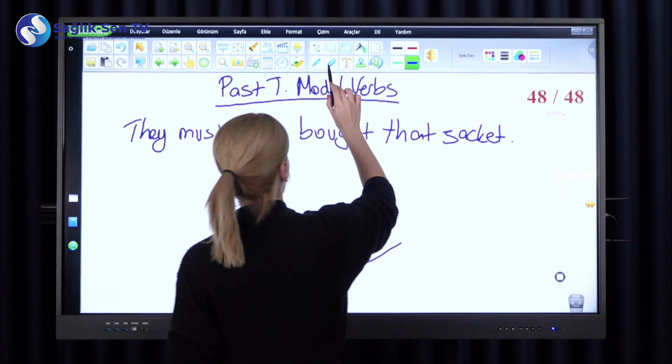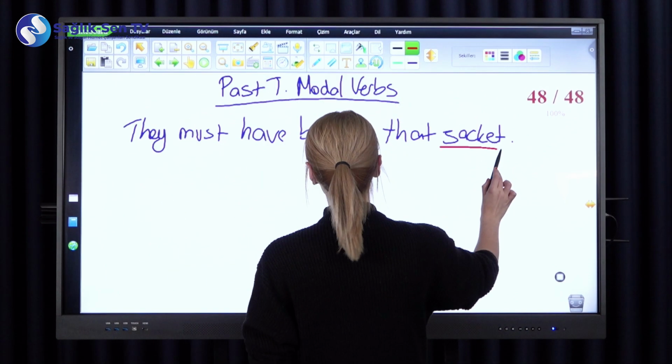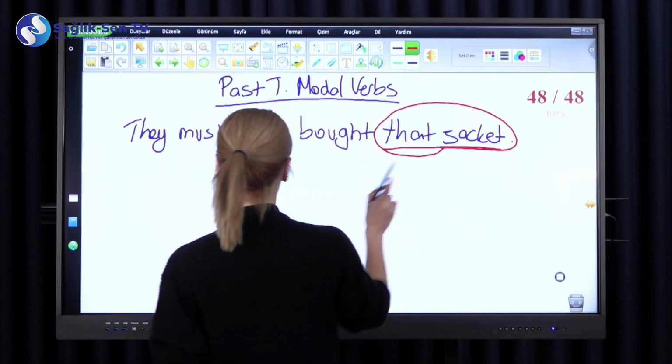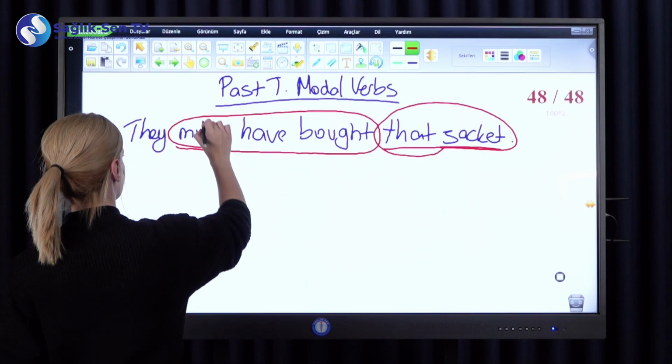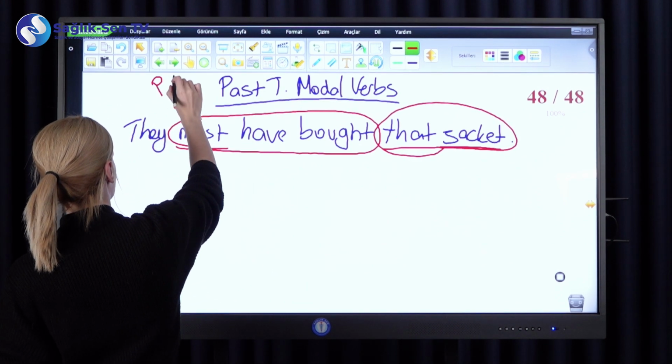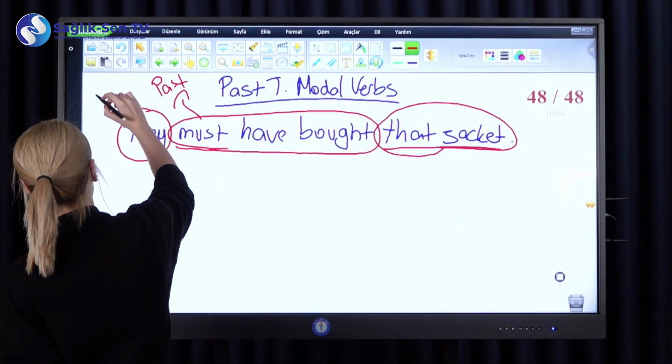This is active. Object, that jacket, object, must have bought. It gives me the meaning of it's in past, and they is my subject.